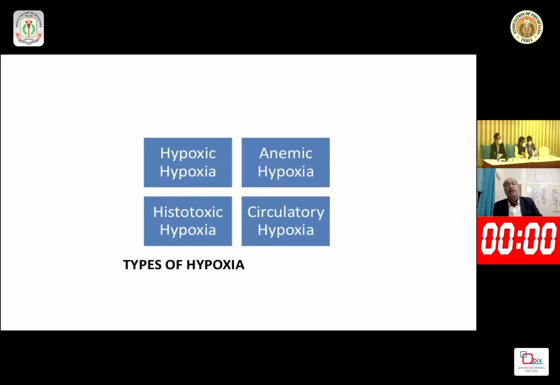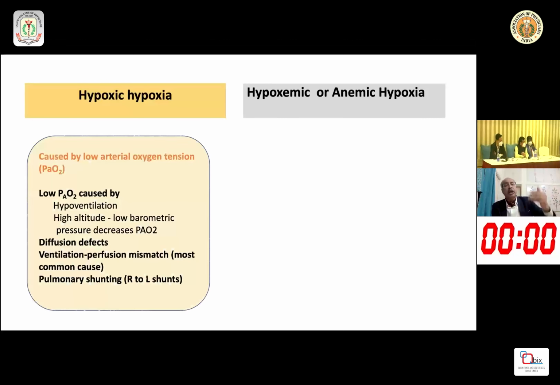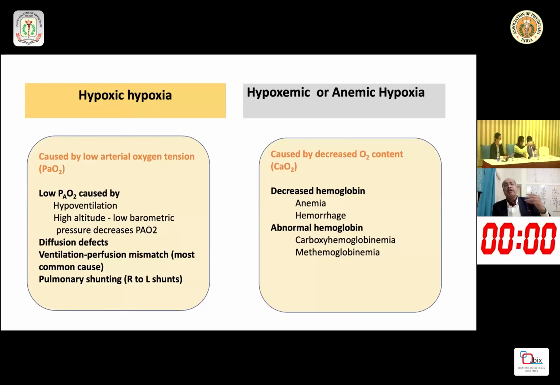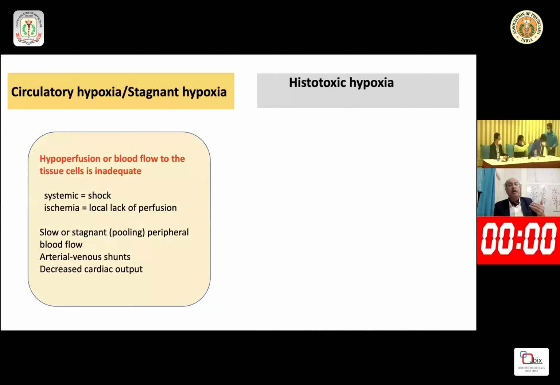So you have different hypoxemic processes: hypoxemic hypoxia, anemic hypoxemia, histotoxic or circulatory. Hypoxic hypoxemia is caused by a low arterial oxygen tension. Anemic is a decreased oxygen content. They are interrelated, but there are little differentiations also. Circulatory hypoxemia means the tissue perfusion is inadequate, and it is a consequence of shock.